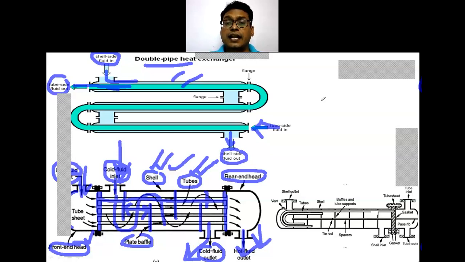Besides that, there are a number of heat exchangers, that is the furnace, plate type heat exchangers, the spiral heat exchangers. All these are different types of heat exchanger, and accordingly they are classified.